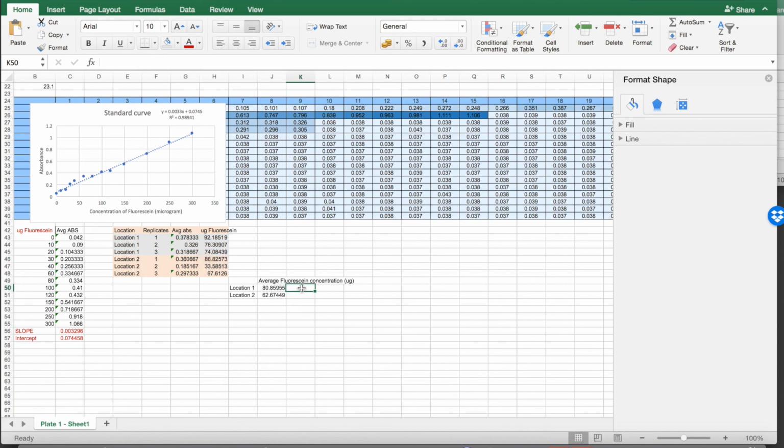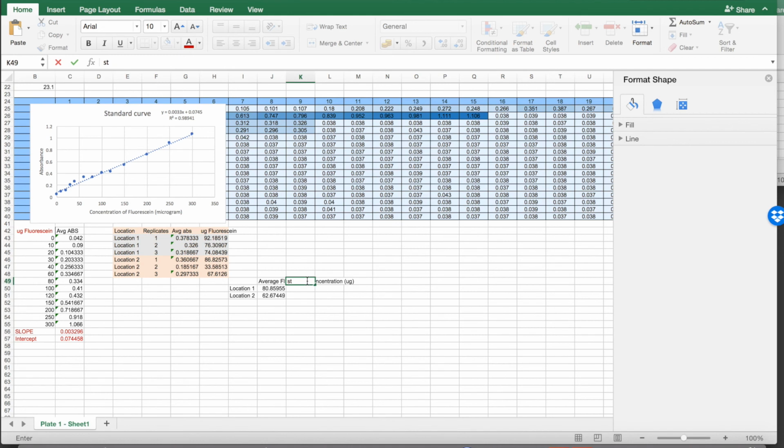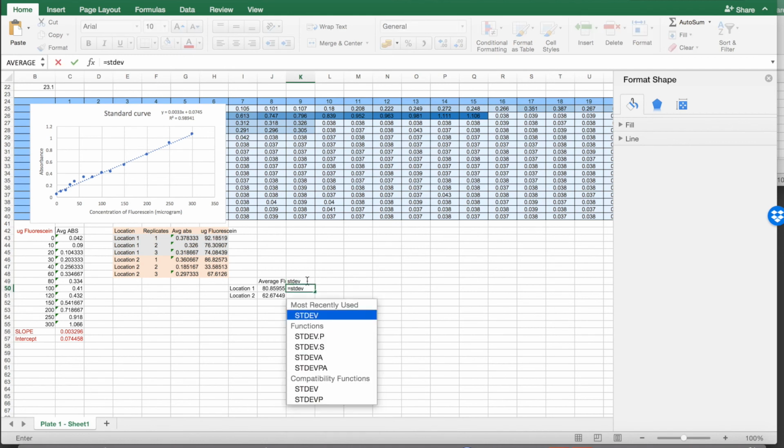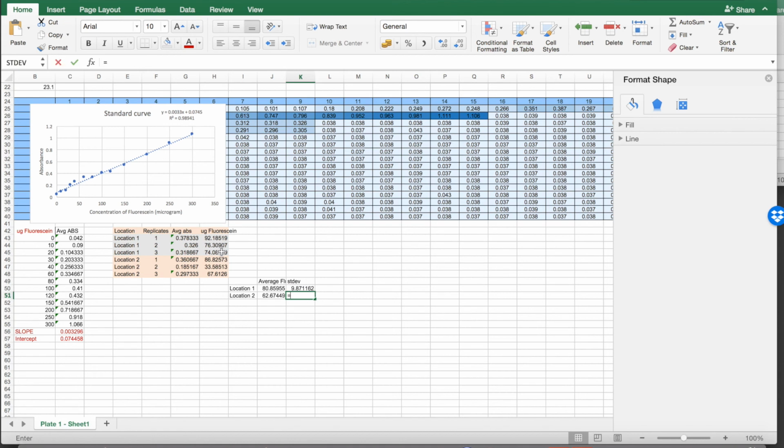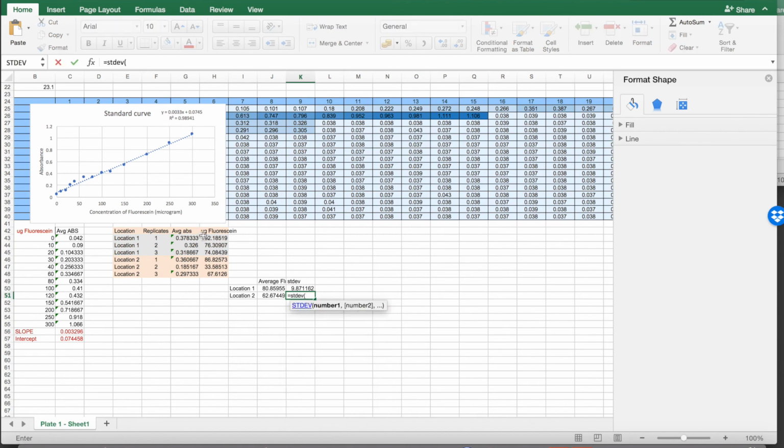So let's calculate our standard deviation. STDEV, equals STDEV, and then let's select all the data, and then again. Very well.